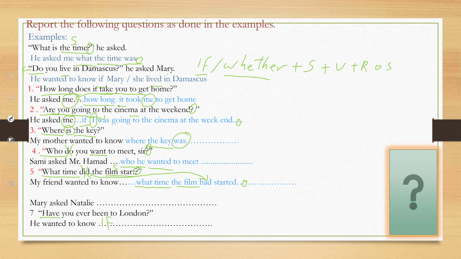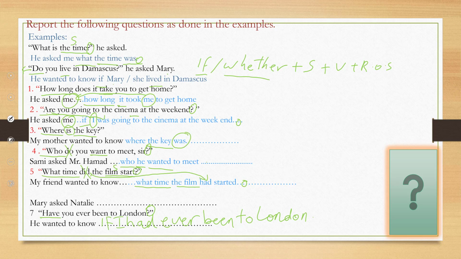If. You becomes I. Have is changed into had. Ever been to London. Full stop instead of the question mark.